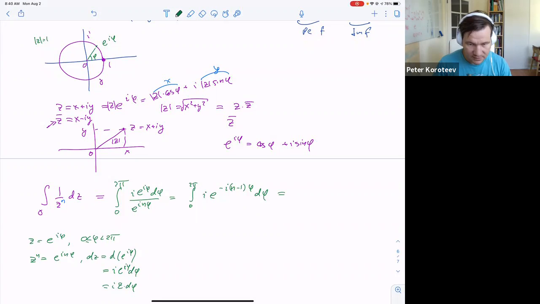And we'll look at the answer at different values of n. So here, n is an integer.